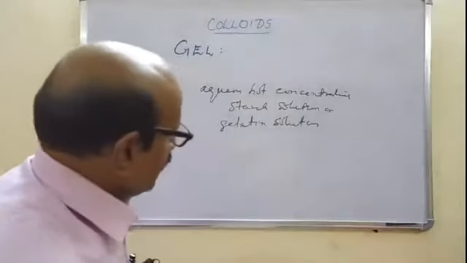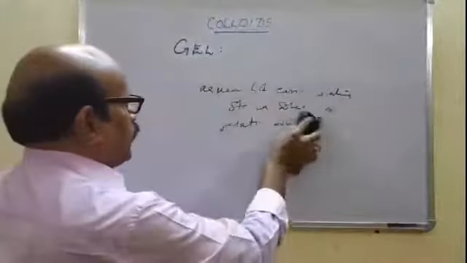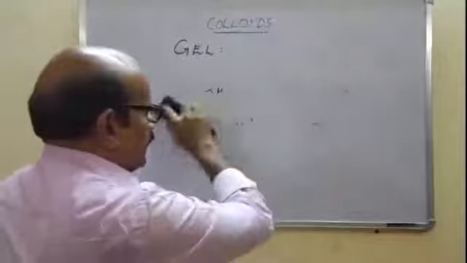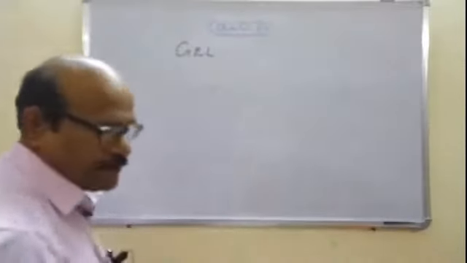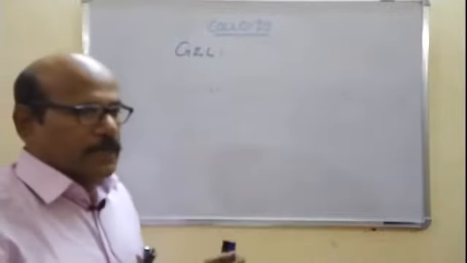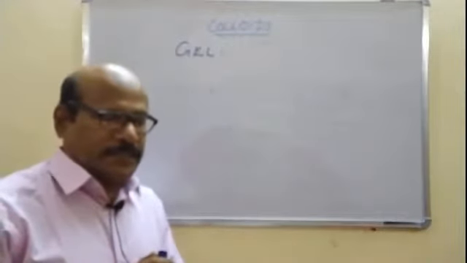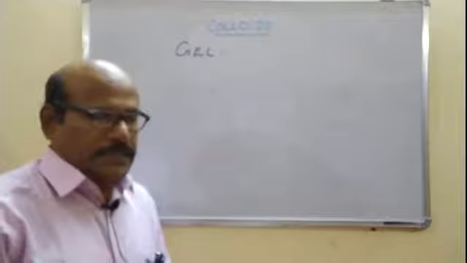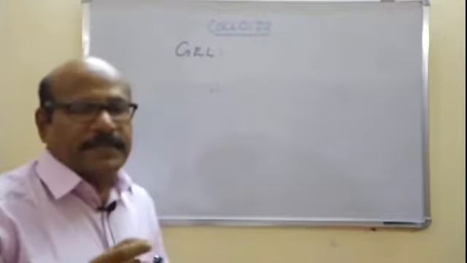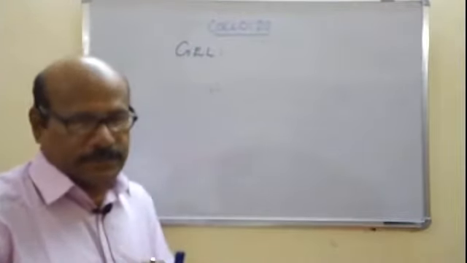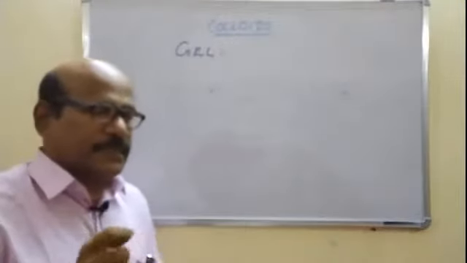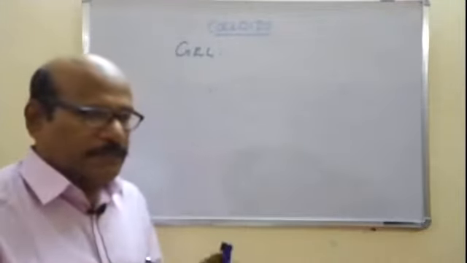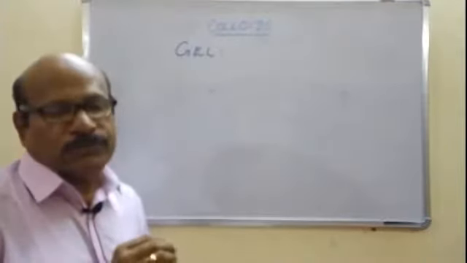Another case is that we can prepare silicic acid or silica gel. When sodium silicate and HCl are mixed together in appropriate proportion, we get a gel of silicic acid.